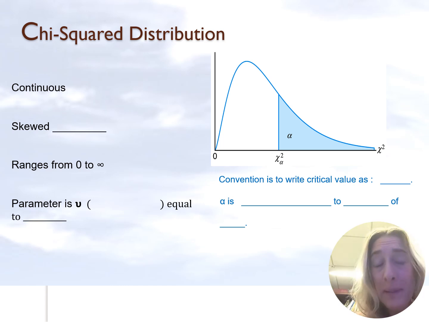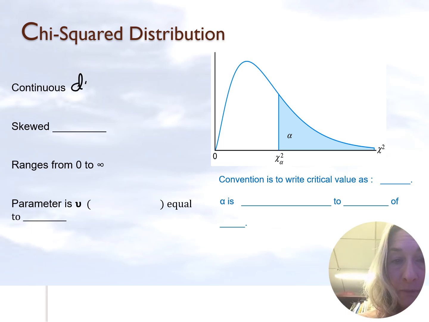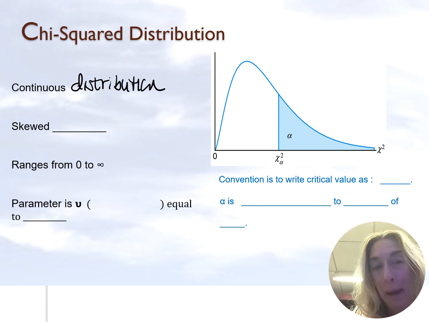On this slide is a picture of what the chi-square distribution looks like. It is a continuous distribution, and you remember us in an earlier video talking about continuous data or continuous random variables.